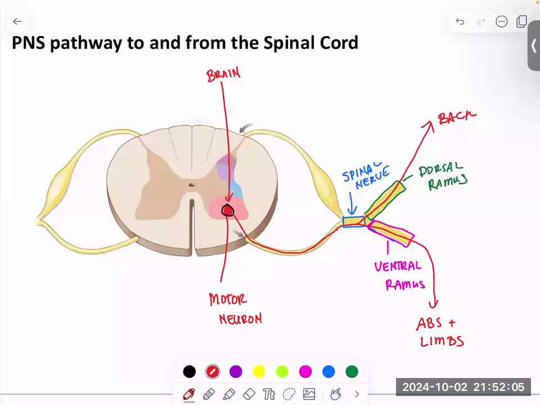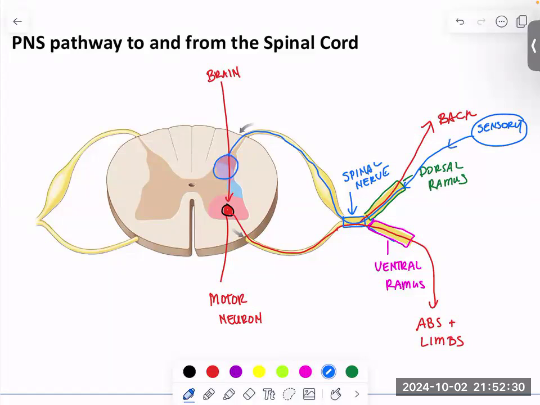When it comes time for the sensory, someone pokes your back. It starts at the back. That information is going to go into the dorsal ramus, to the spinal cord, to the dorsal root, into the dorsal horn.